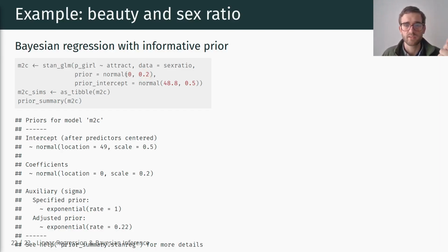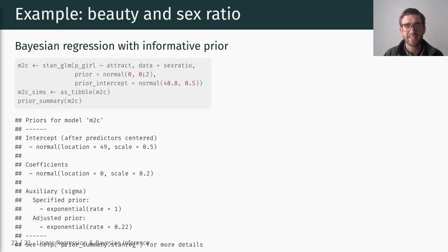Well, first, the average prior is 0. We don't expect it to have one effect necessarily, but we allow for variation. But that variation should be fairly limited, right? Around 0.2 standard deviations. The standard deviation of 0.2. Okay.